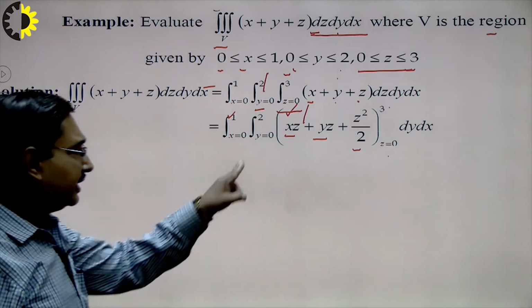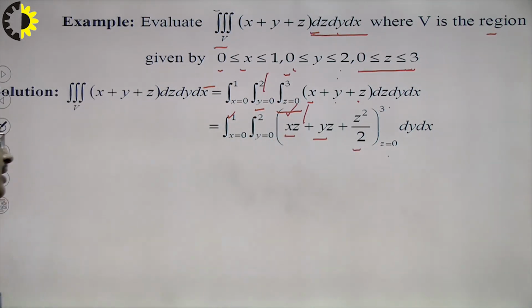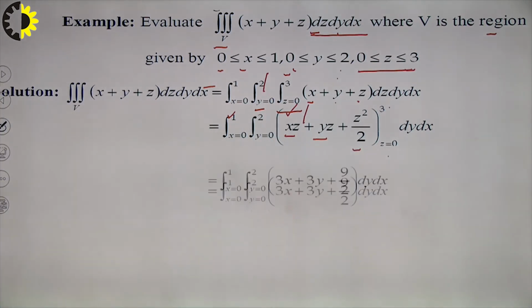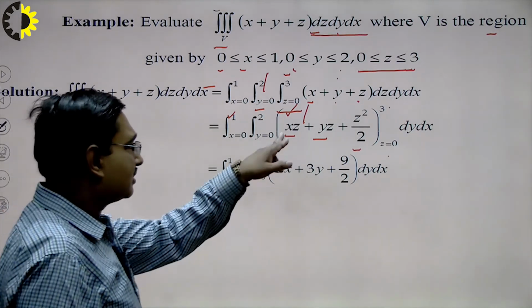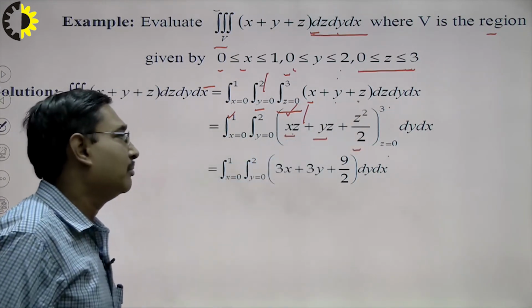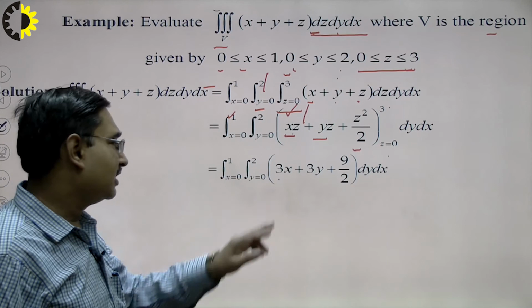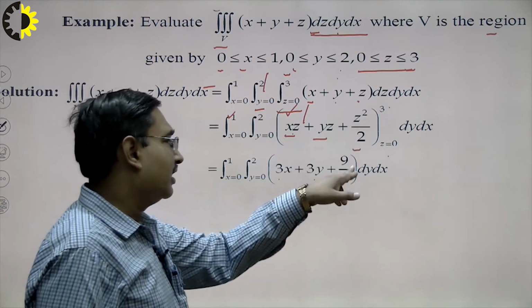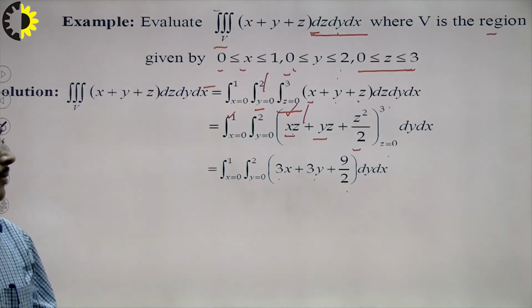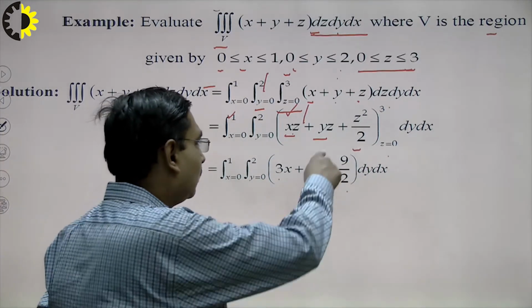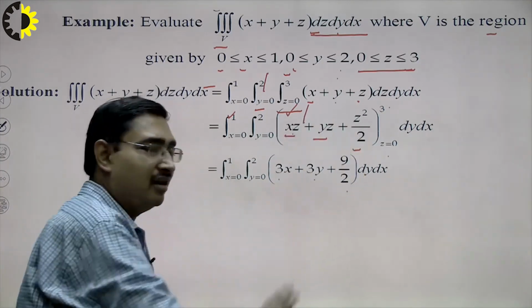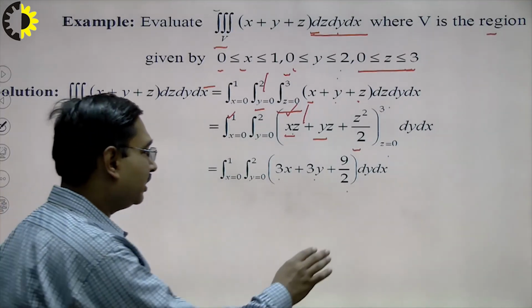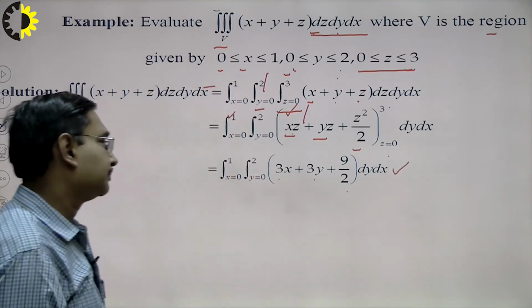Now, these limits will be applied in this double integral. Applying these limits, z will be replaced by 3, it will be 3x, it will be 3y, and this term will give 9 by 2. Substituting z equal to 0, all terms will be 0, so no need to write those terms.